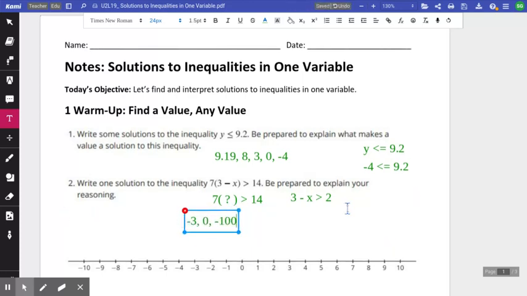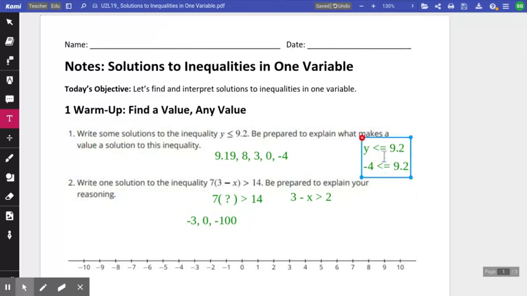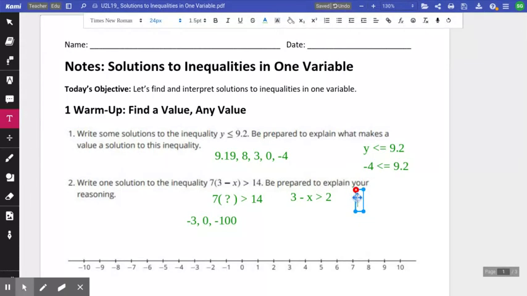And the reason I could justify that is similar to what we did for that first problem. If I replace x with any of these numbers here, it would give me a true statement. So for example, 7 times 3 minus 0 is greater than 14 because 7 times 3 equals 21, and that is in fact greater than 14. So that's me showing that that value I picked, 0, gives me a true statement.